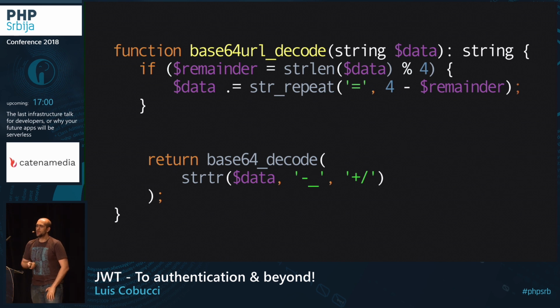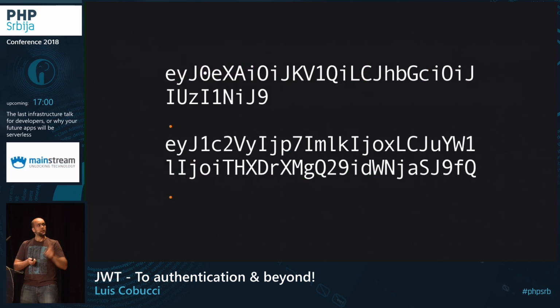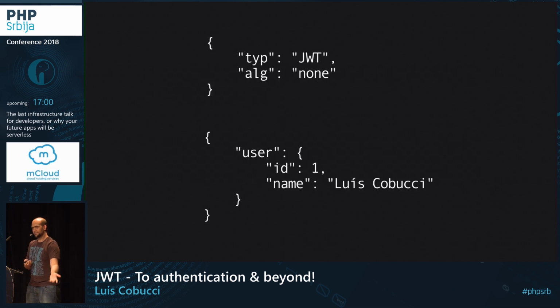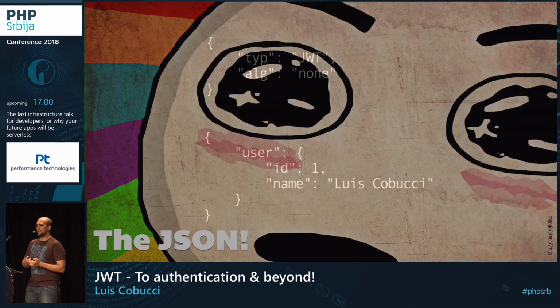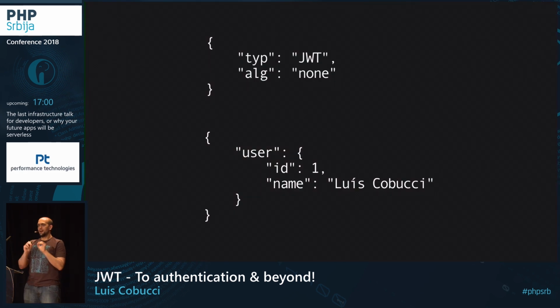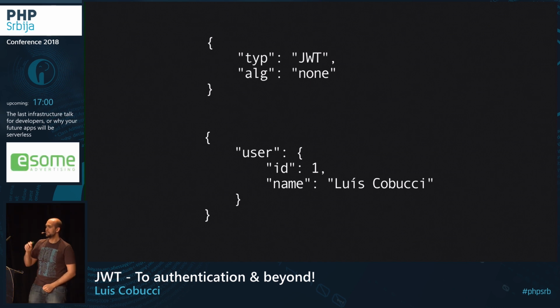So now that we know how to encode and decode this information, let's apply the algorithm. By doing base64 decoding on these 2 bits of strings, you'll see this. And then finally, we have a JSON. These 2 different things have very specific meaning for JSON Web Tokens.